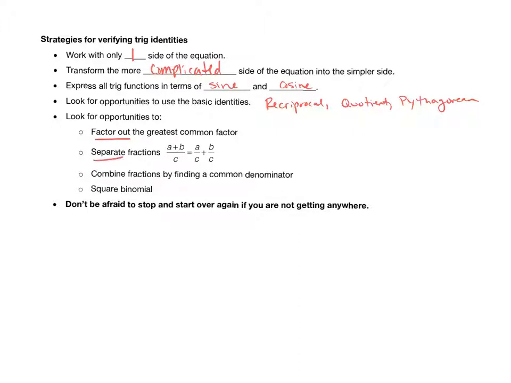Try to separate or combine fractions, or if you have a square binomial, that's that whole difference of squares that you end up with. Look for opportunities to make things go away or to combine. And the bottom line is, if you don't see the strategy to use, just pick one, try it, and then just don't be afraid to stop and start over again if you're not getting anywhere.